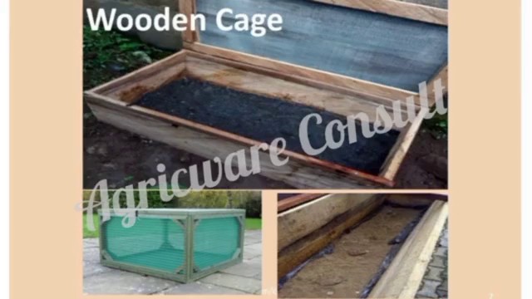In this picture, we can see snail housing constructed with a wooden material. In this case, you construct a rectangle or a housing for the snail with the wood, and inside the wood you lay a nylon material, and on top of this material you lay sand.